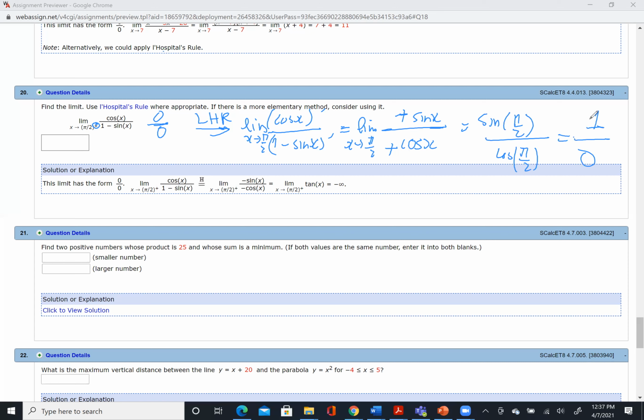So for this case it's going to be infinity, but I don't know if it is negative or positive infinity. So I have to come back to pi over 2, approaching from the right hand side of pi over 2.